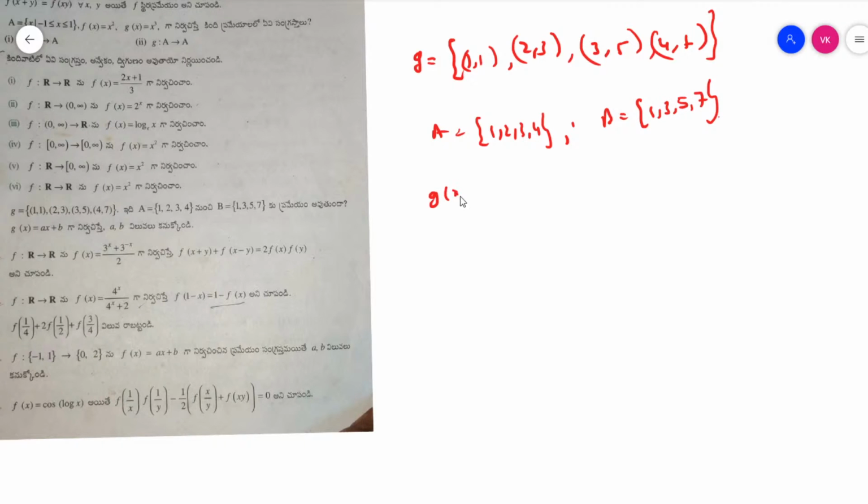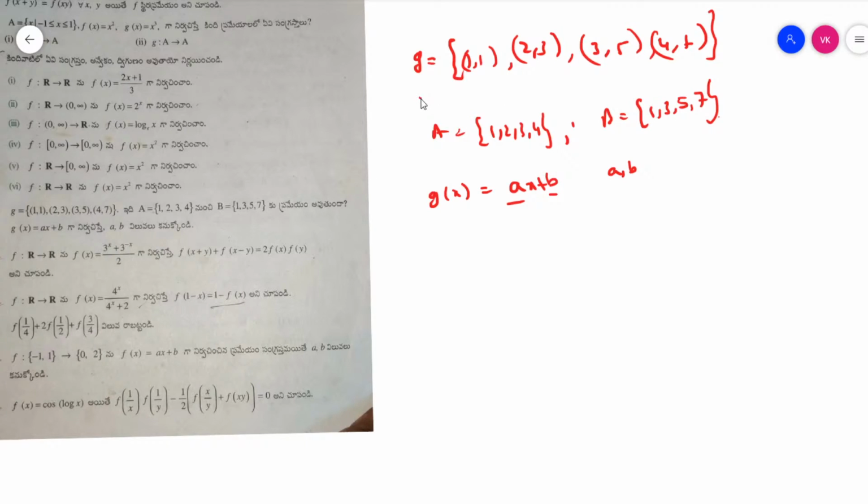Then g of x is equal to ax plus b. Then find the a and b values. Okay, now we have to find the a and b values. Let's go further. Solution.